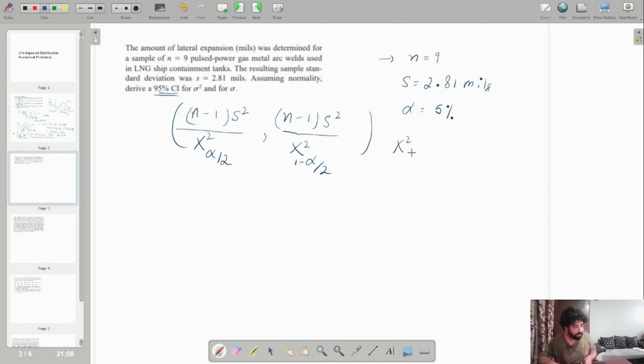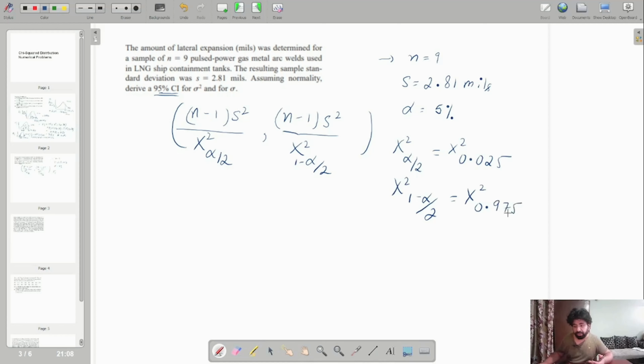So I will have chi square alpha by 2, which means I will have chi square at 0.025 for my upper bound, and I will have chi square 1 minus alpha by 2, that is going to be chi square at 0.975 for my lower bound.